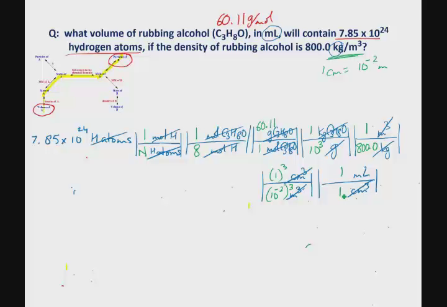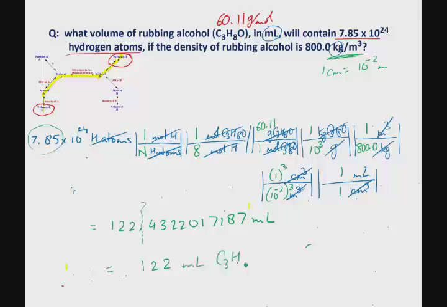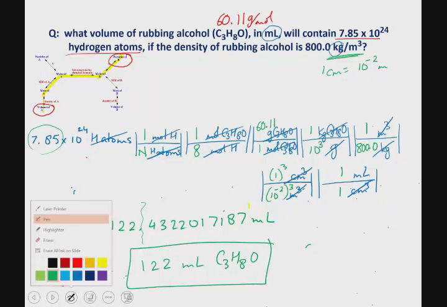If you calculate this carefully, the answer that comes out to be is 122.4322017187 mLs of C3H8O. This also needs to be rounded to 3 significant figures, which gives us the final answer of 122 mLs C3H8O.